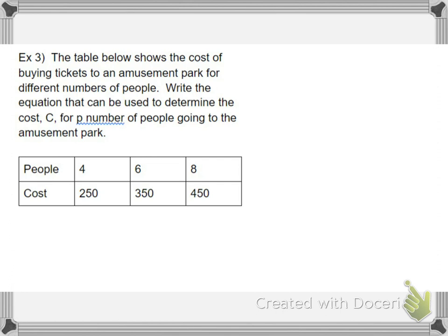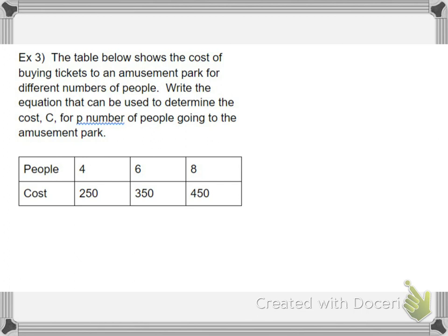Now for example 3, it says the table below shows the cost of buying tickets to an amusement park for different numbers of people. Write the equation that can be used to determine the cost C for P number of people going to the amusement park. So again, when we're asked to write an equation, we need to find the slope and we need to find the y-intercept.